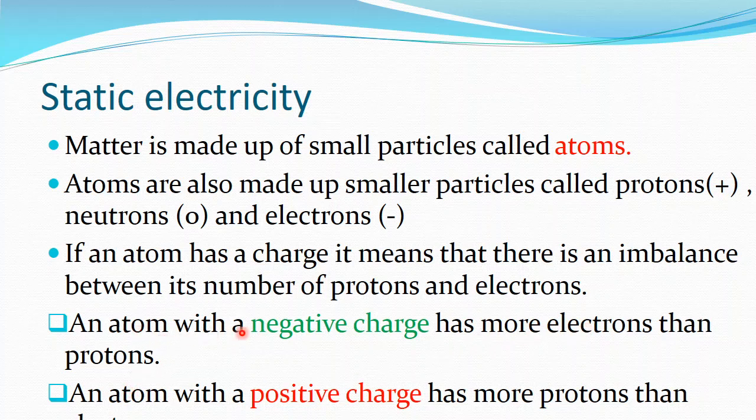So in other words, a negatively charged atom has more negative charges than positive charges. And an atom with a positive charge has more protons than electrons. So in other words, a positively charged atom has more positive charges than negative charges.